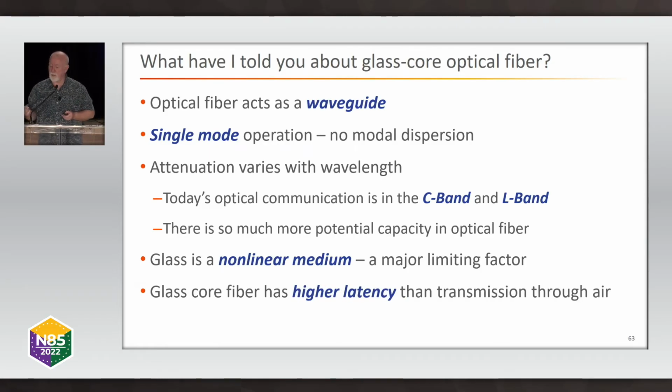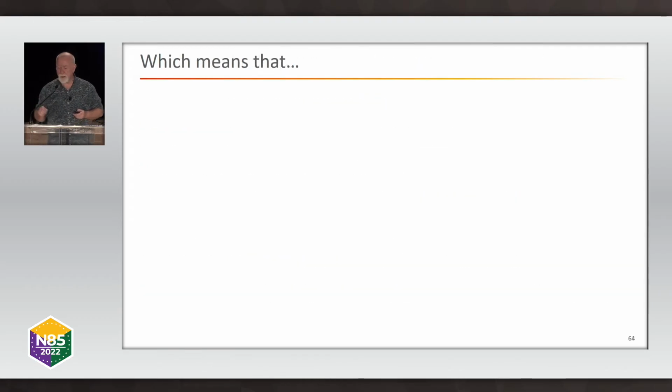Glass core fiber has a higher latency than transmission through air because glass has a refractive index of about 1.5. Air is very close to 1. It's almost the same as a vacuum. Now that's an entirely separate issue from capacity. It's about low latency communication.